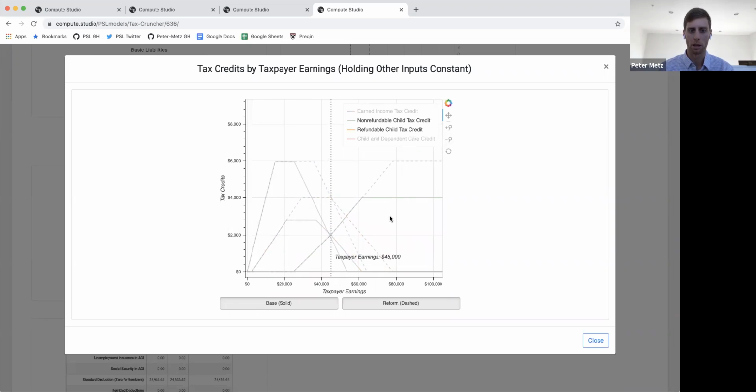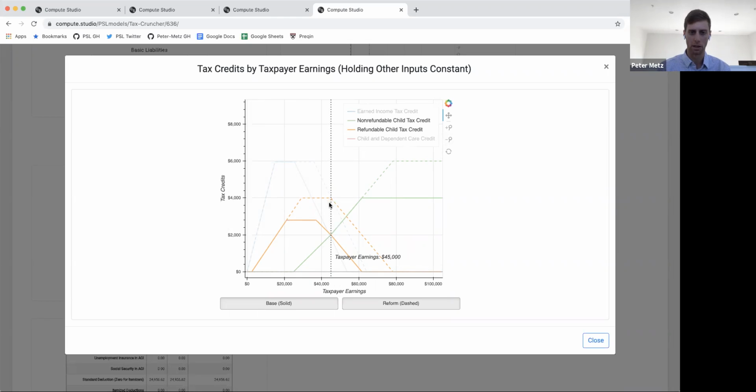So now let's go ahead and look at the child tax credits. The green is the non-refundable child tax credit, and the orange is the refundable. Since the taxpayer has $0 in liability, they're going to be getting the child tax credit as a refundable credit.